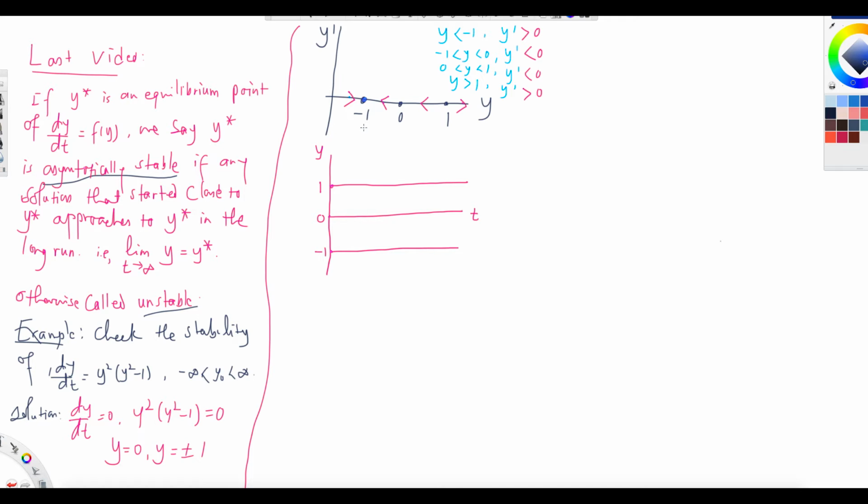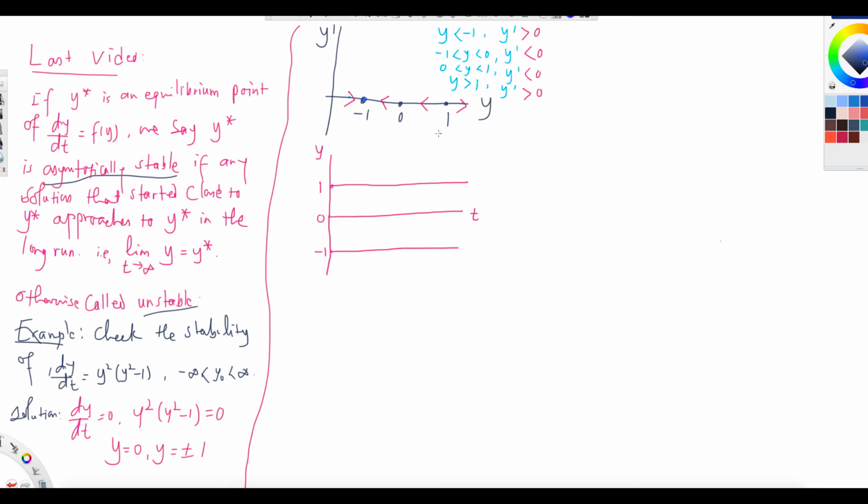So what we do is draw the lines from here. If it is stable, and you draw a solution curve close to that equilibrium solution, then the solution curve will get close to it. Otherwise it is unstable, right?